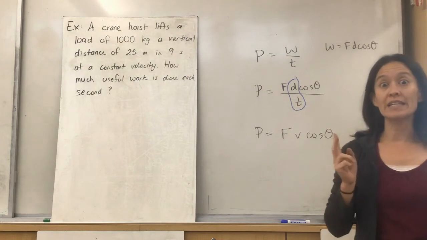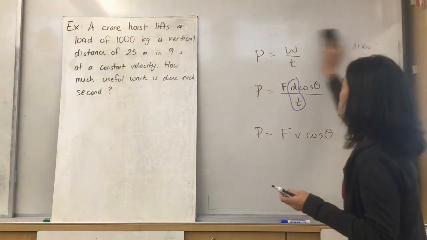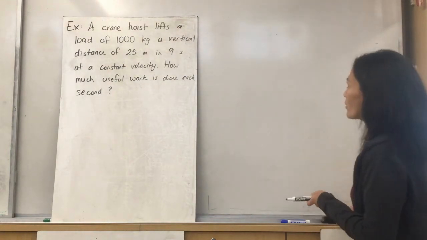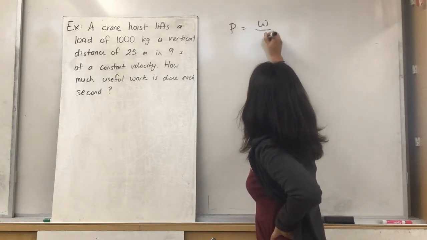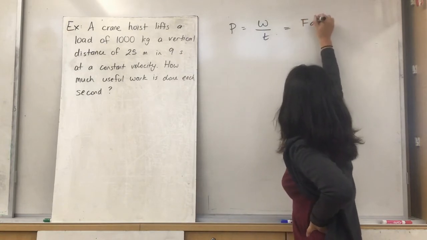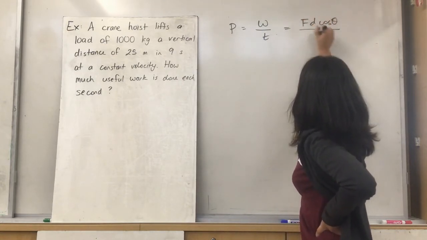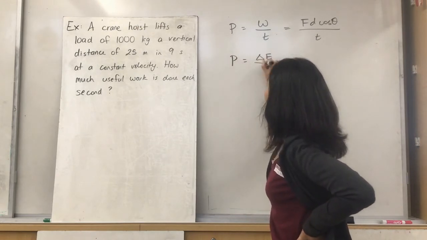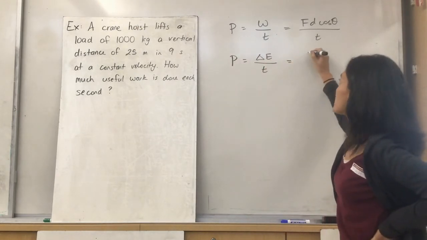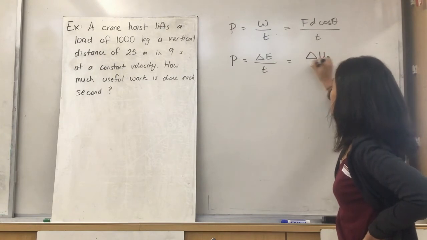There are two different lenses you could solve this through. They're both power, right? One, we could think of power as work over time, so F d cosine theta over time, or power is equal to change in energy over time. And in this case, it's a change in potential energy over time.